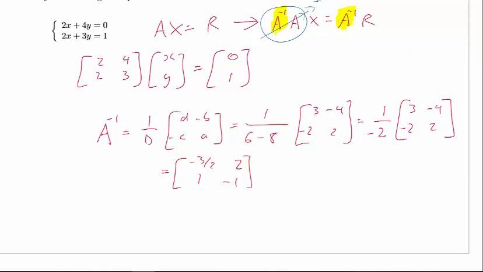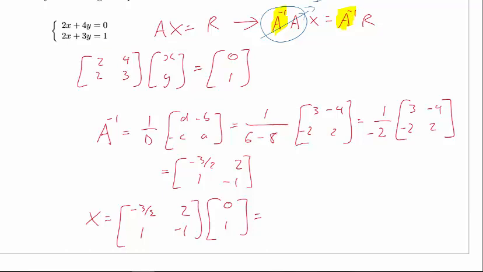And so X equals A inverse times R. So let's come down here. X equals negative 3/2, 2, 1, negative 1. And then a resultant 0 and 1.